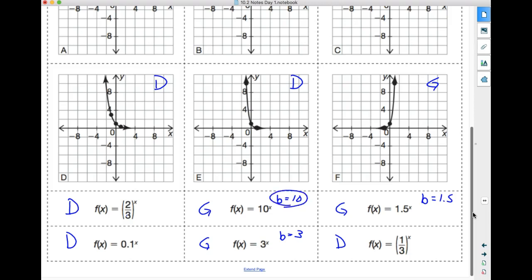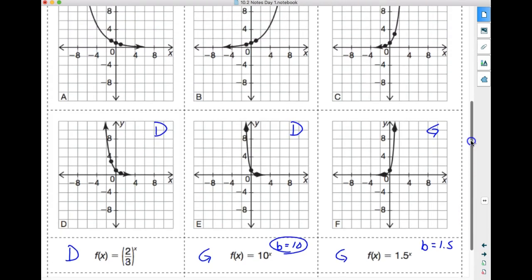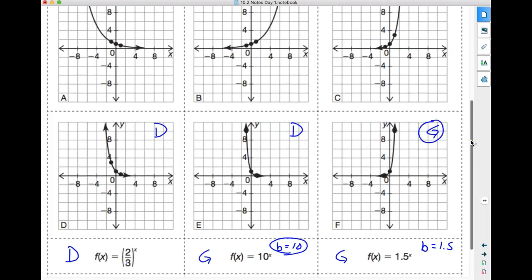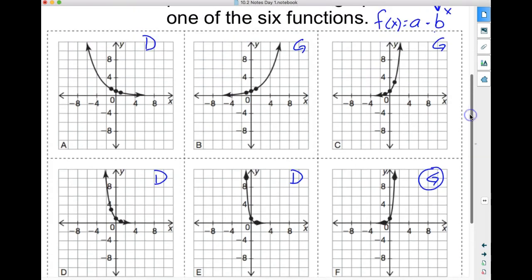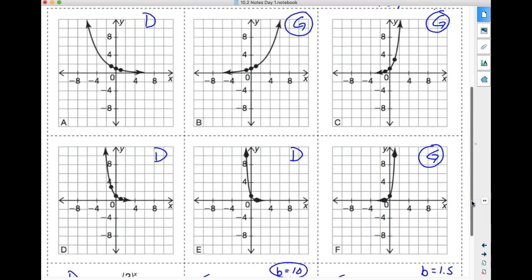So I'm going to look up on top, and which one is growing the fastest is going to be the 10 to the x. So I have a growth function here, here, and here. Now, F is growing the fastest, so this one needs to probably be the f of x equals 10 to the power of x because it's the steepest going up.